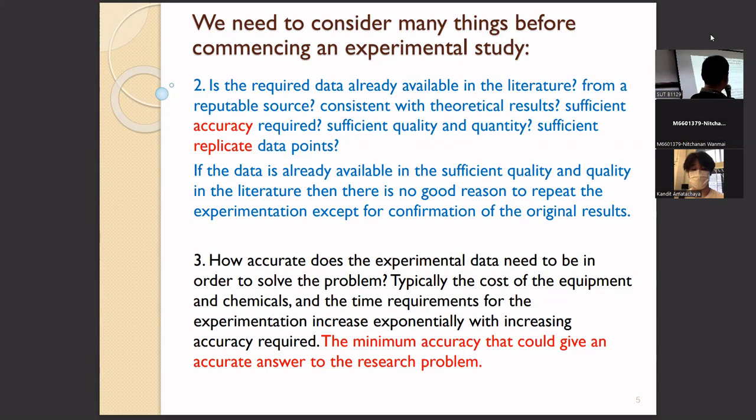And the second one, replicate. Replicate means the number of experiments that you repeat. When you do the experiment, how many times? Only one time? No, you have to repeat your experiment at least. Repeat means you do everything the same: the condition the same, the temperature the same, the pressure the same.